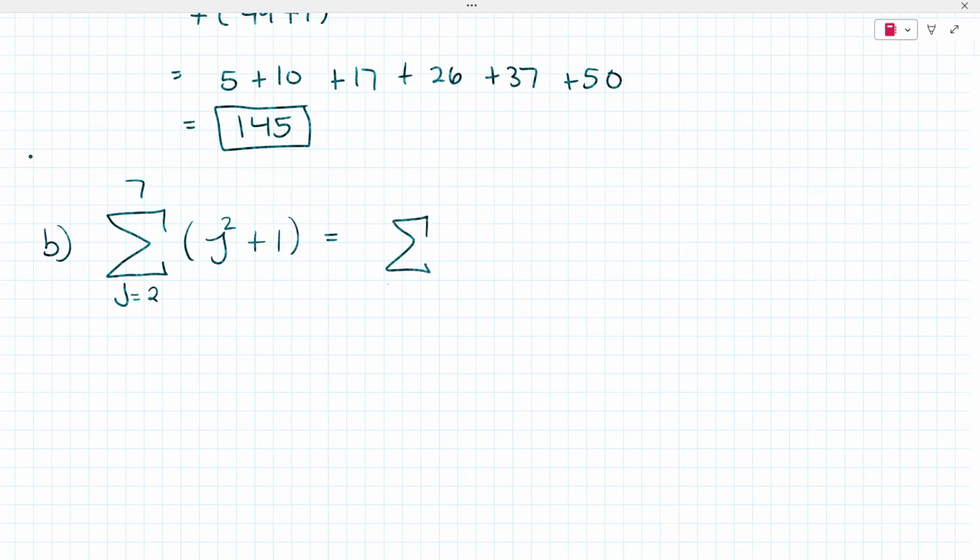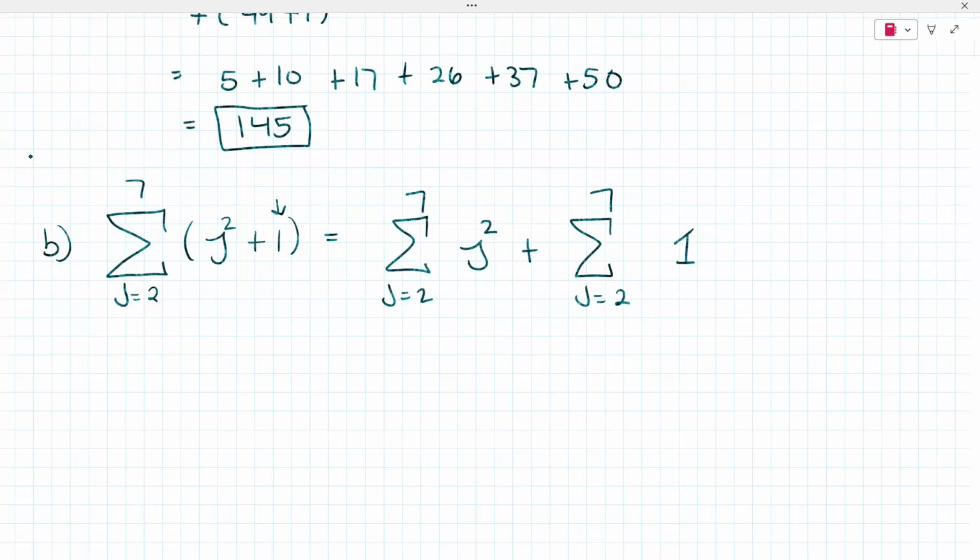So you can rewrite this as the sum from j equals 2 to 7 of j squared, plus the constant 1. We can't just take it out, so what you can do is write it as its own summation: j equals 2, stop at 7, of 1.